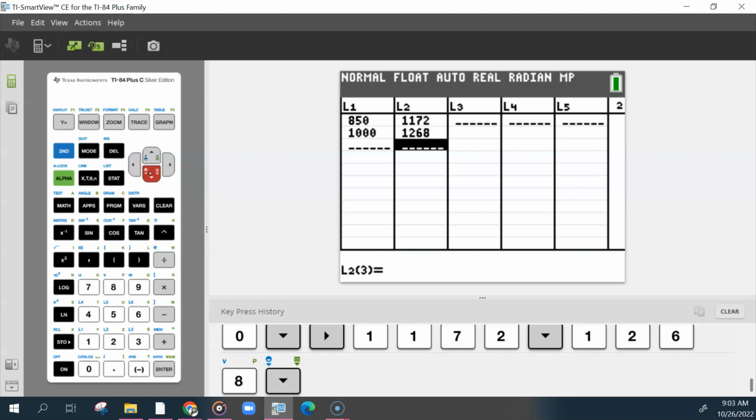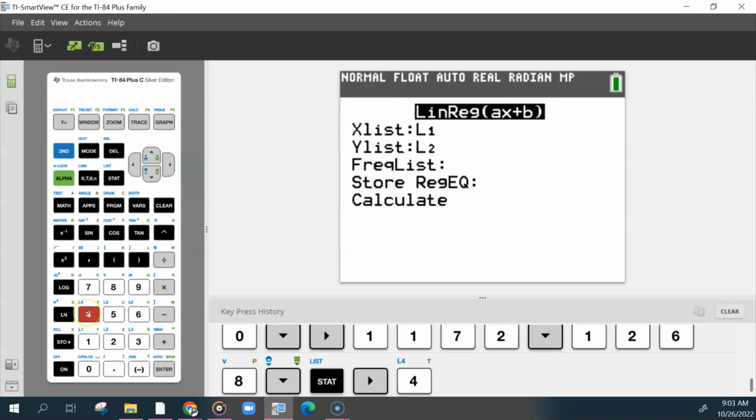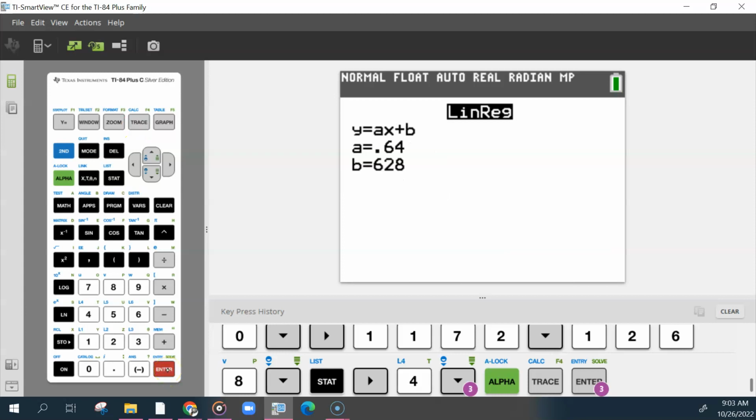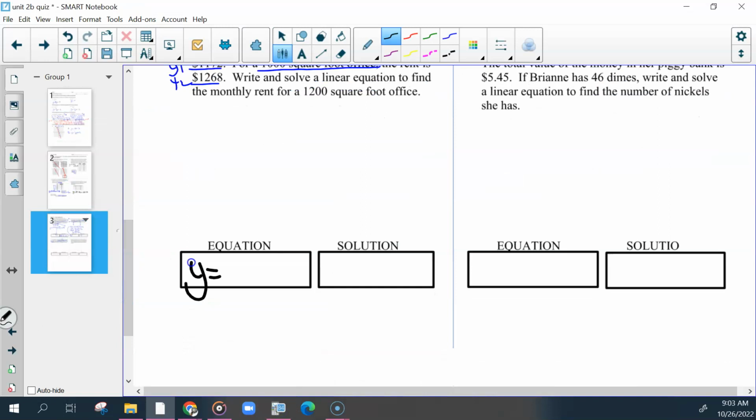And then do the same process. Follow my steps. Stat, calculate, number 4. Store it in alpha trace and enter until my screen changes. If you were doing it algebraically, you would have got a fraction instead of a decimal, but both were fine. So y equals 0.64x plus 628.